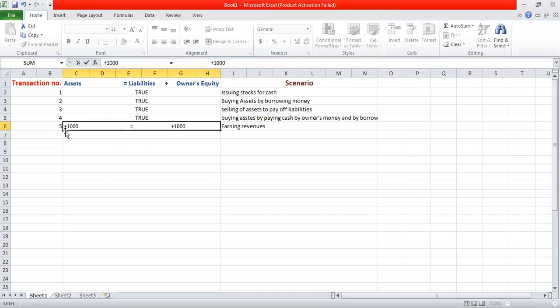Now you can see both sides are equal. Plus 1,000 assets equals liabilities of 0 plus owner's equity 1,000.